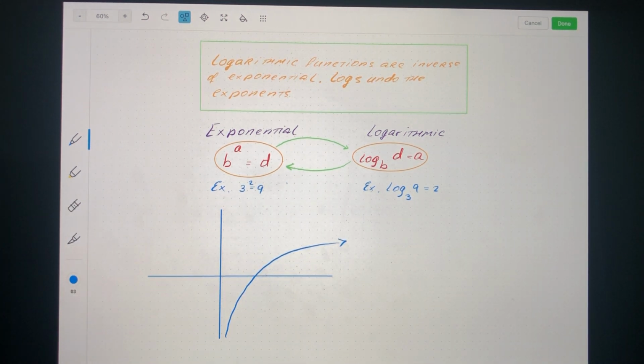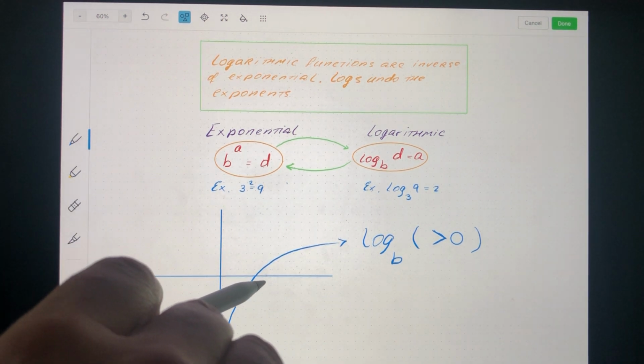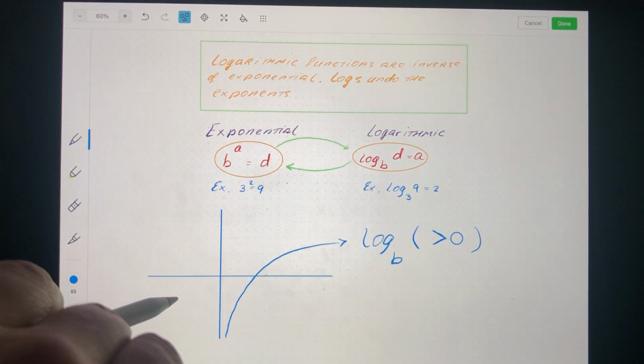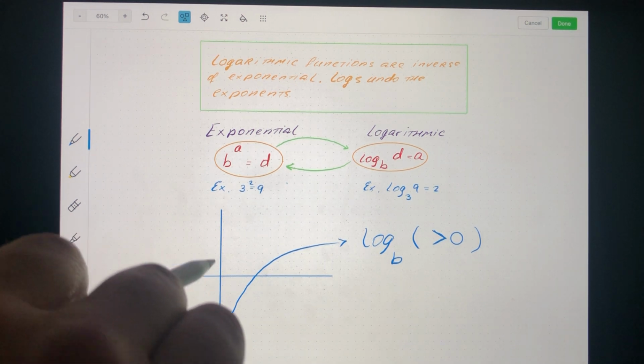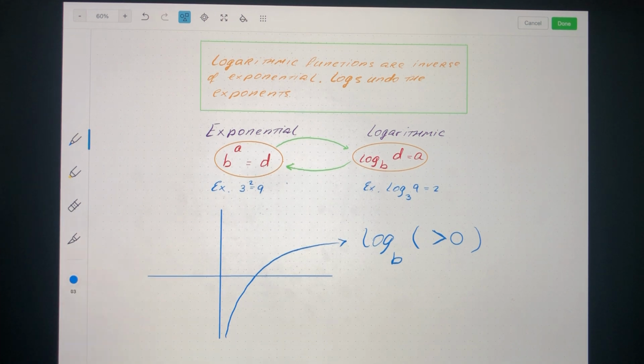So log of any base, no matter what base it is, can never have on the inside anything that is negative or anything that is equal to 0, because equal to 0 means it will hit its vertical asymptote, and negative will mean it crosses over. And we know that we cannot cross the vertical asymptote, we can only approach it. So here is what the graph of most of the logarithms will look like.